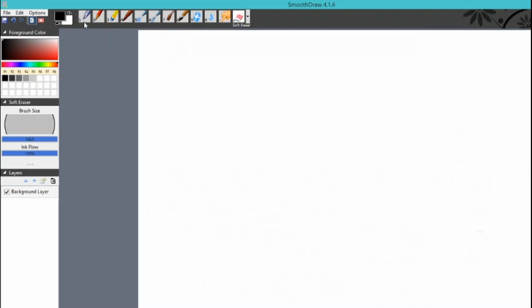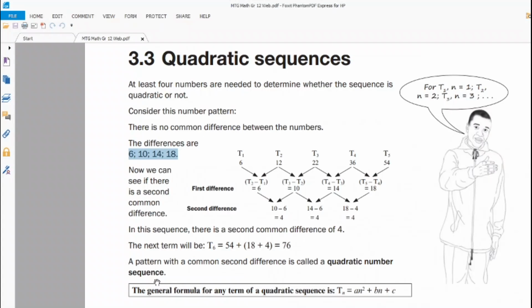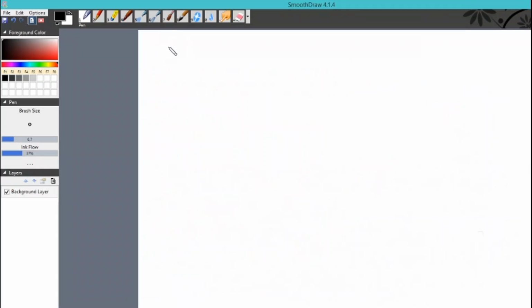Okay, and then select the ball pen. So we have the sequence 6, 10, 14, 18, right? So we have 4 terms in this sequence.